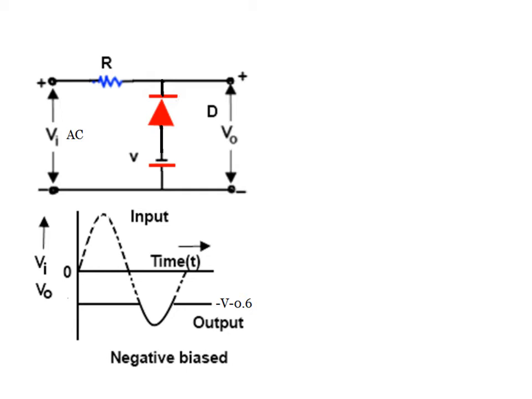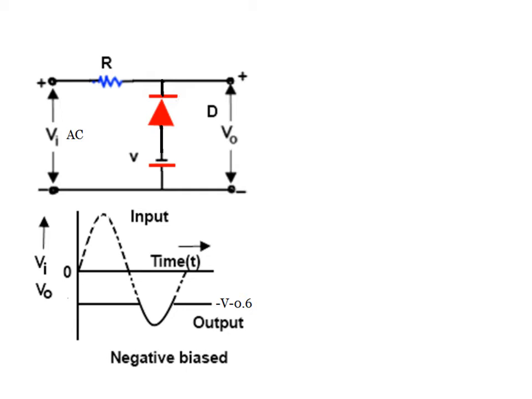So the diode is acting like a battery of 0.6 volt with its negative plate in the upper part and positive plate below. So when you connect the extra battery, you will have to connect it in series as shown here. So together it will make 0.6 plus V.